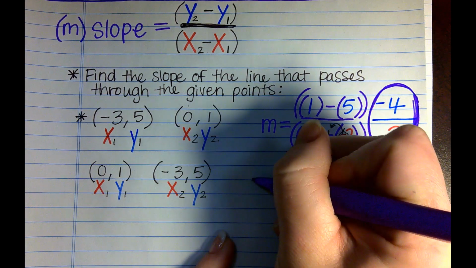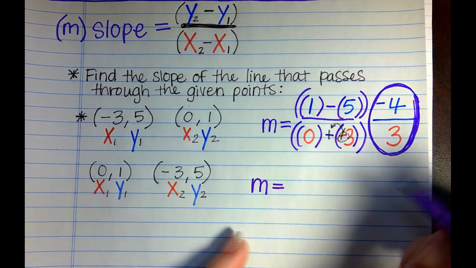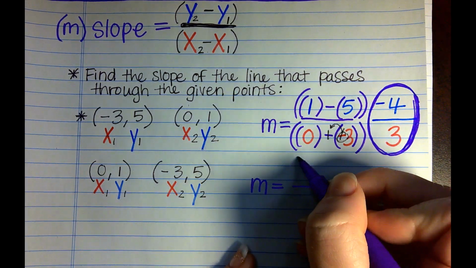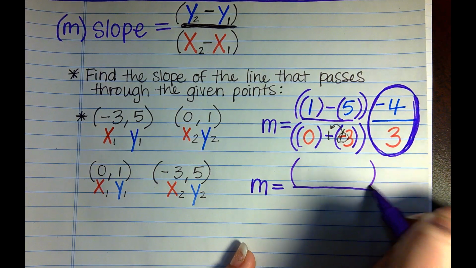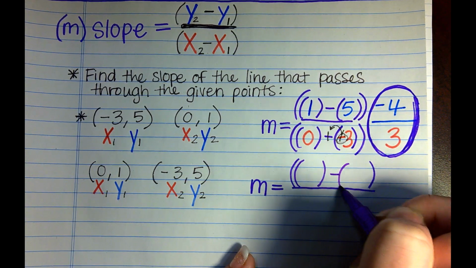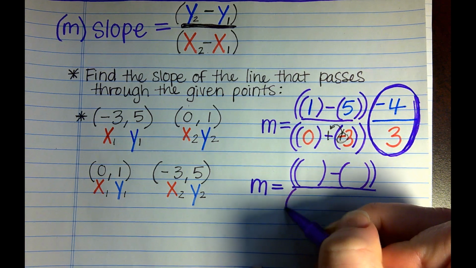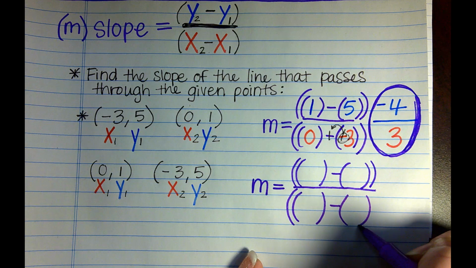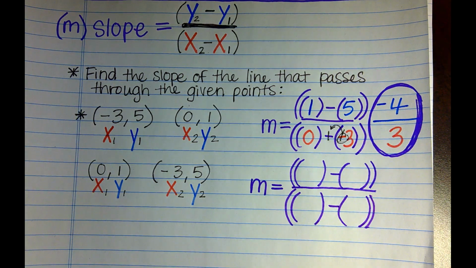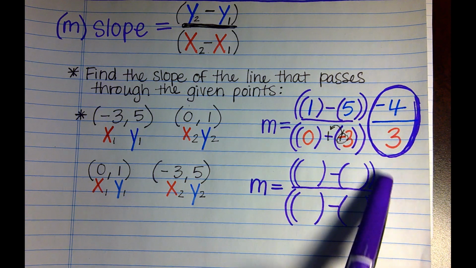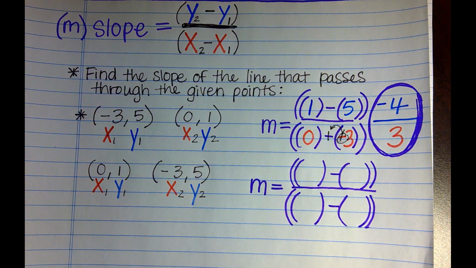So we will write m equals, I draw a line, and I know here I'm going to do something minus something, and down here another something minus something. And at this point you don't necessarily have to do those outer parentheses. If drawing more parentheses makes it feel more confusing, don't worry about that part.